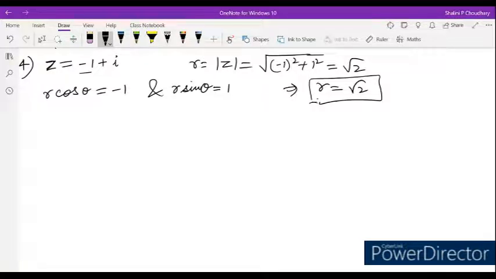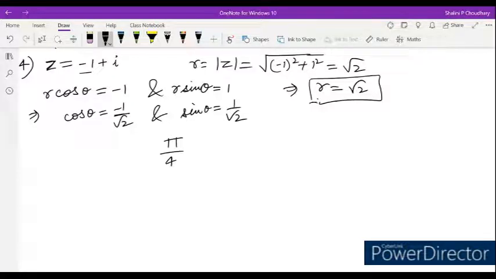And as we know that r is equal to √2, it means √2 cos theta will be equal to -1, and directly we can write sin theta will be equal to 1 upon √2. Again 1 upon √2 as the value of cos and sin means pi upon 4. But here cos is negative and sin is positive.